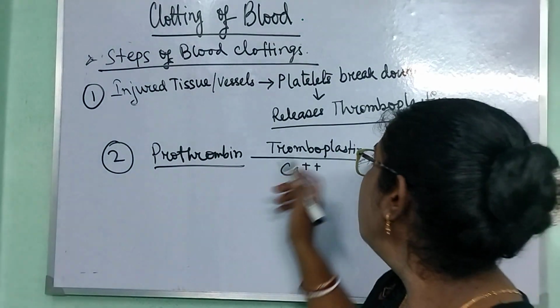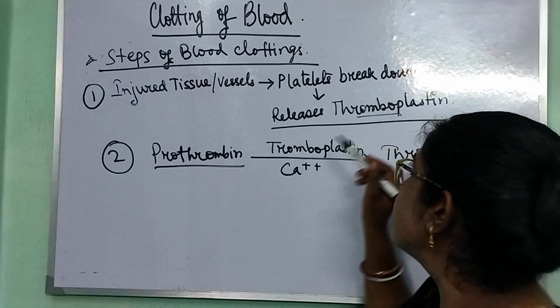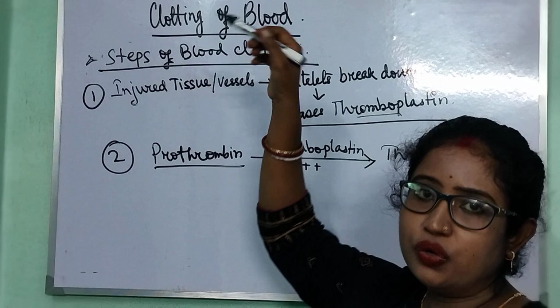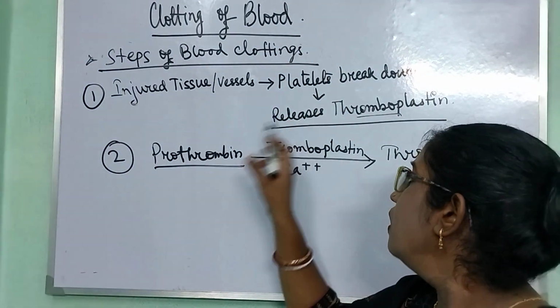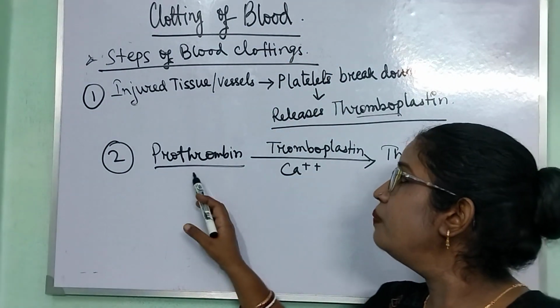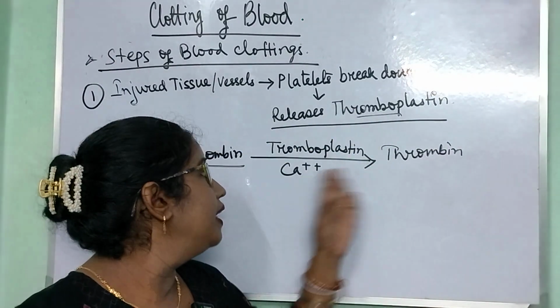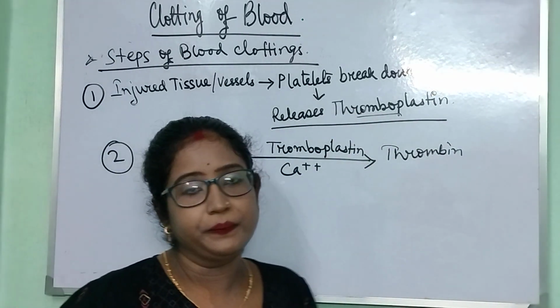So the thromboplastin released from injured platelets transforms the prothrombin protein into thrombin with the help of calcium ions.